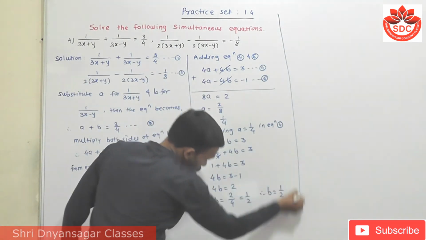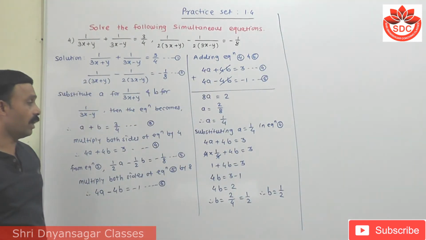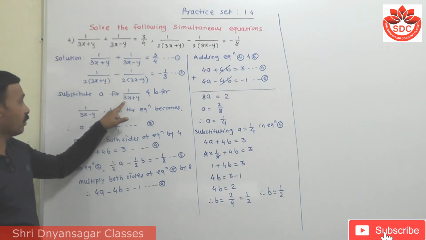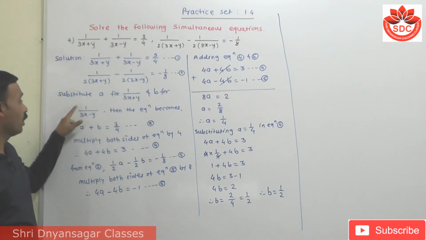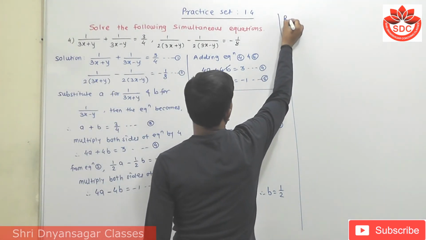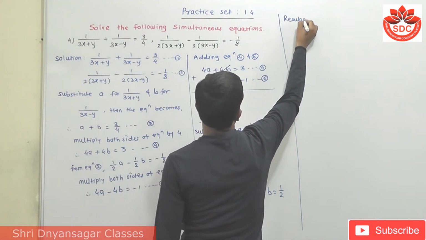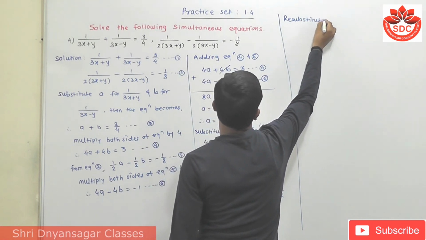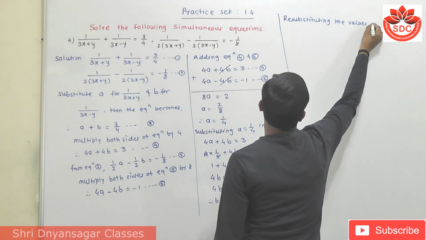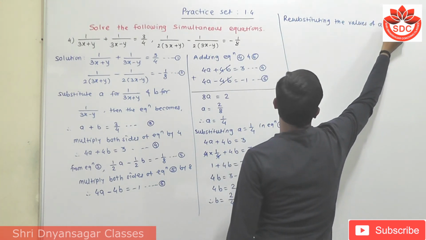Students, again we will substitute these values of a and b here. a for 1 upon 3x plus y and b for 1 upon 3x minus y. So I have to write here, resubstitute the values of a and b.